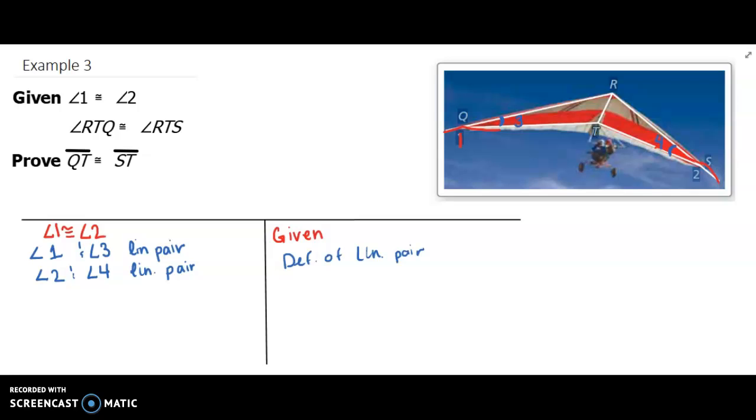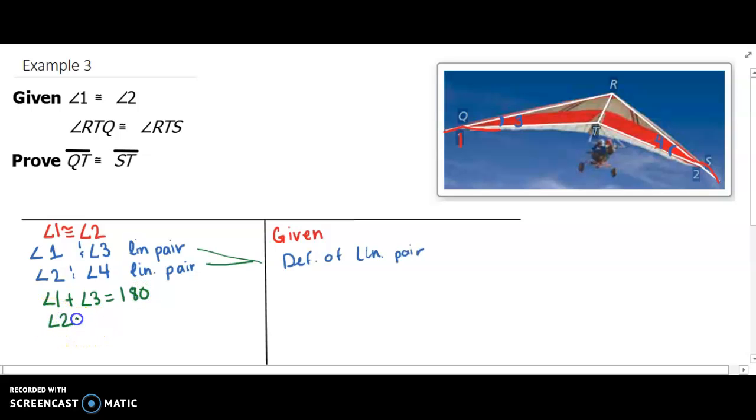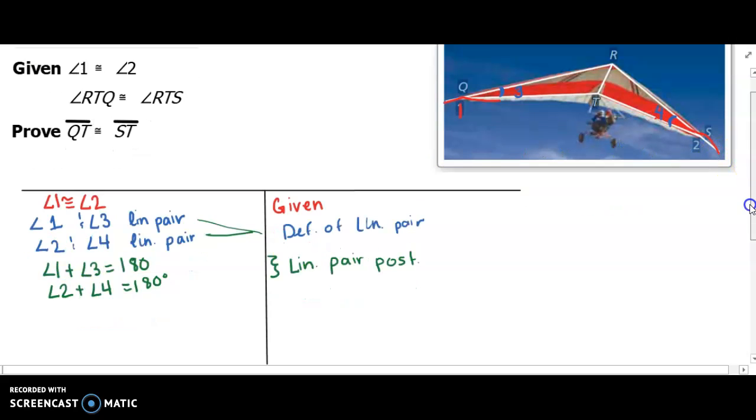Now, if I go a step further, we have the linear pair postulate, which tells me that angle 1 plus angle 3 equals 180, and angle 2 plus angle 4 equals 180 as well. So this would be the linear pair postulate. Anything that's a linear pair is supplementary. That's what the linear pair postulate tells us.